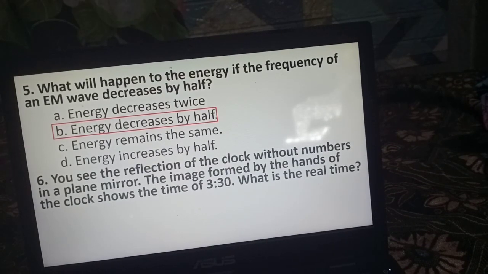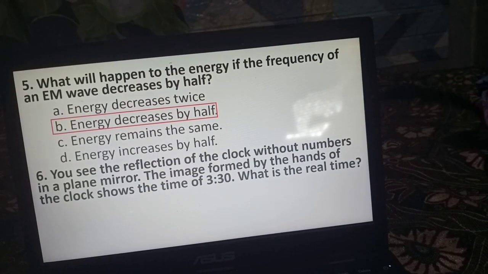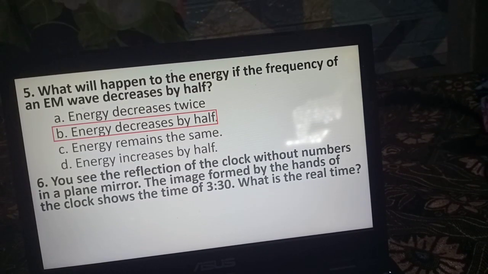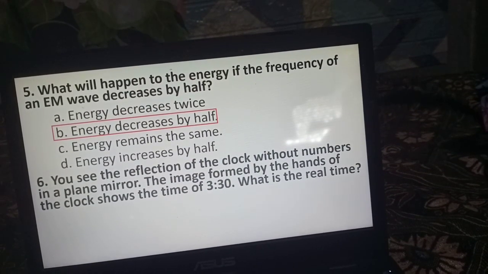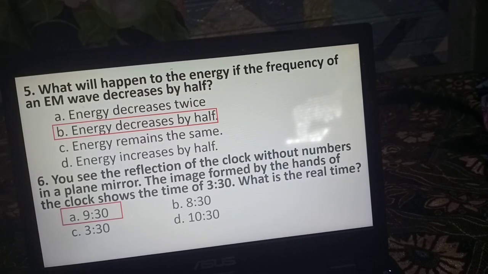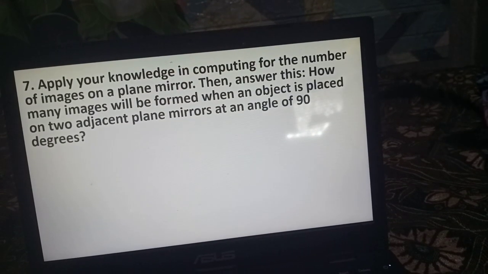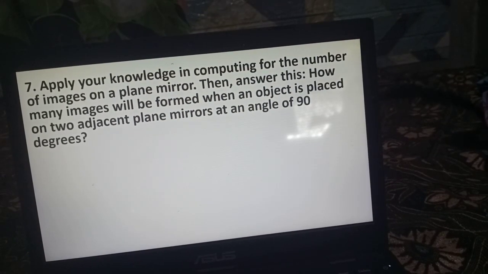In other words, ang left mahimong right, ang right mahimong left. Sa ato pa, if ang image dito nga gipakita is 3:30, ang actual time or the real time is 9:30. Letter A.